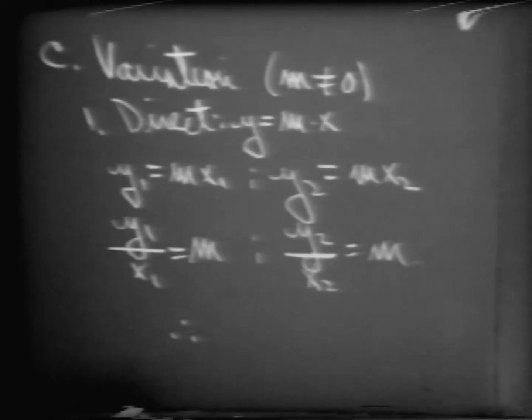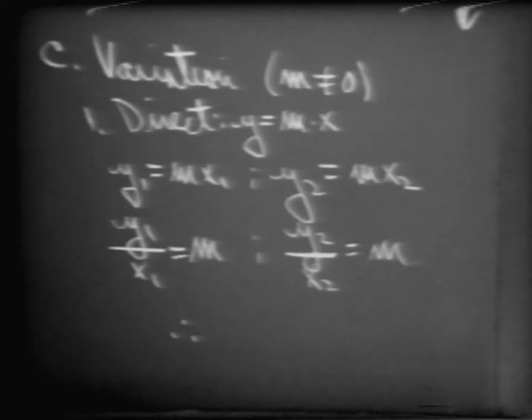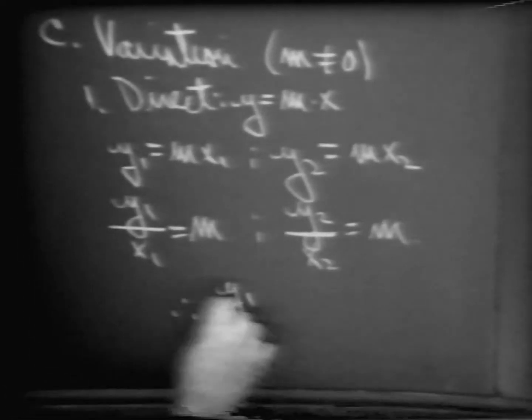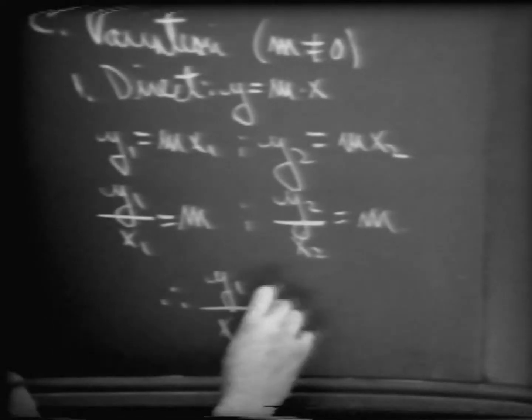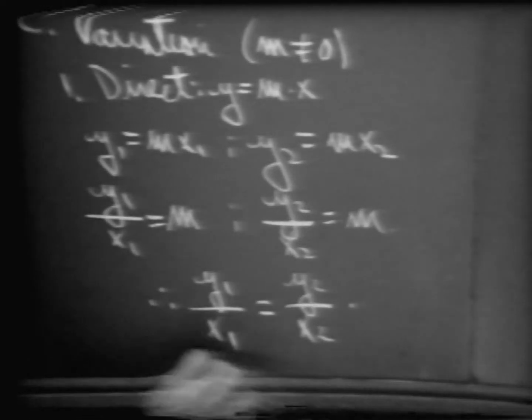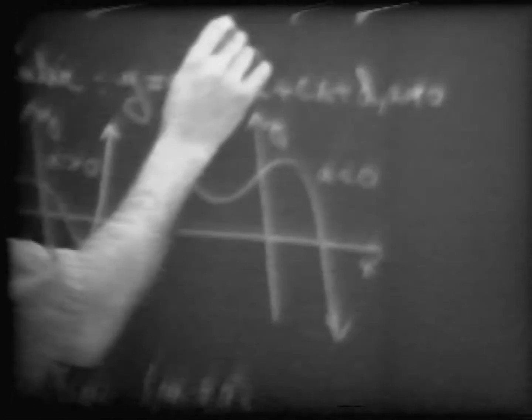Therefore, what is your conclusion about these two sentences? And what can you say there, Chip? Y sub 1 over x sub 1 is equal to y sub 2 over x sub 2, okay? And in fact, we call this a proportion. Let me come up here and write this proportion.